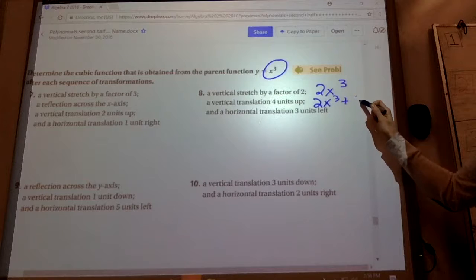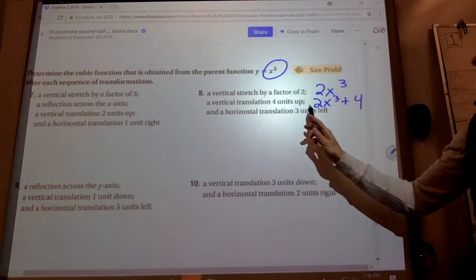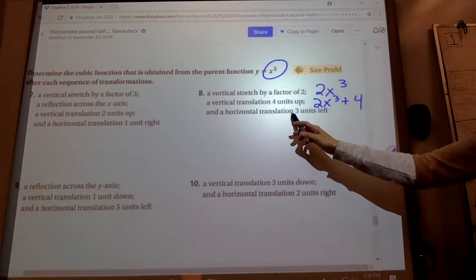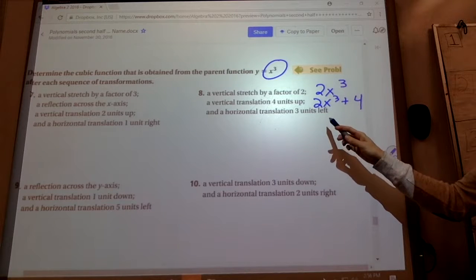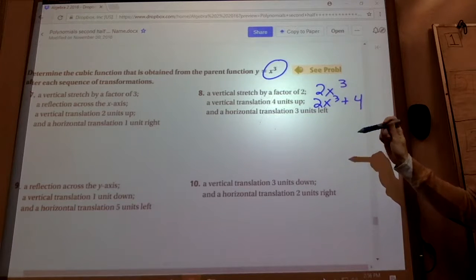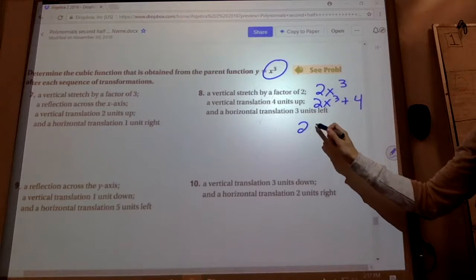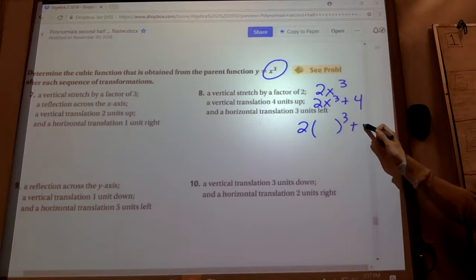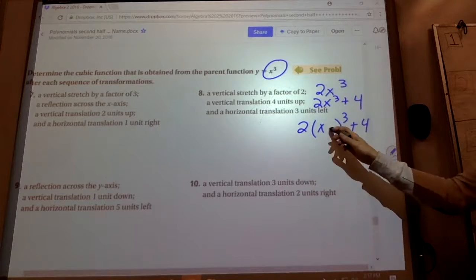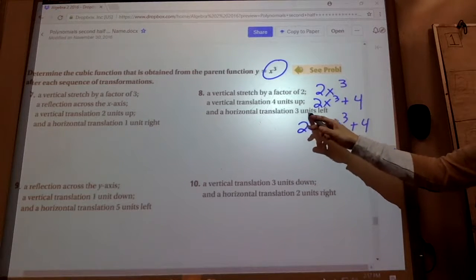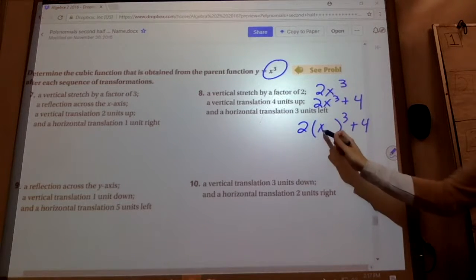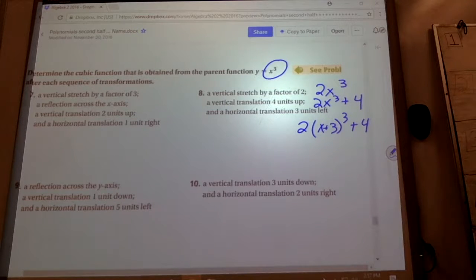You're going to go 4 units up. And then I'm going to take this 2x cubed plus 4 and I go 3 units to the left. So remember, whenever you go left and right, just the x gets parentheses around it, right? Just the x gets parentheses around it, and I'm going to add the 3 in the parentheses. And there's my function.